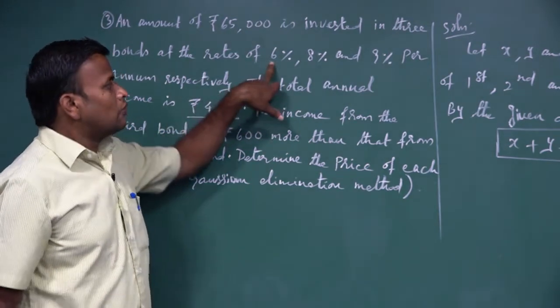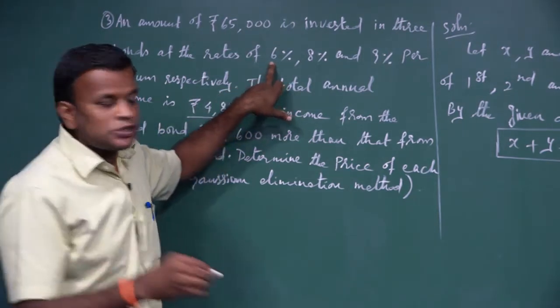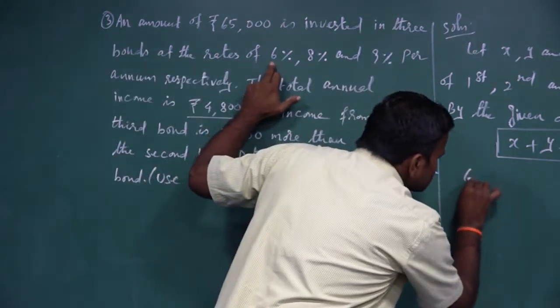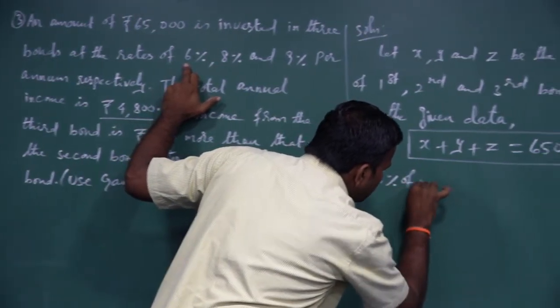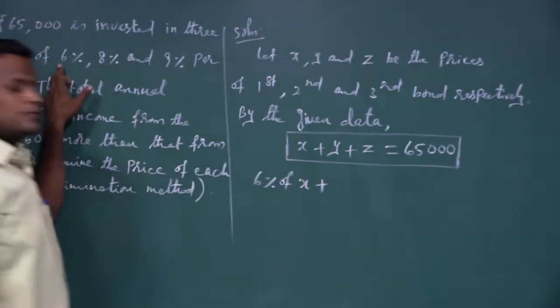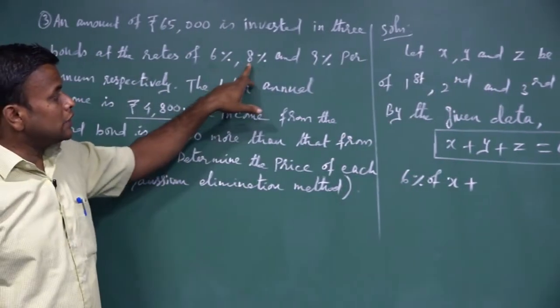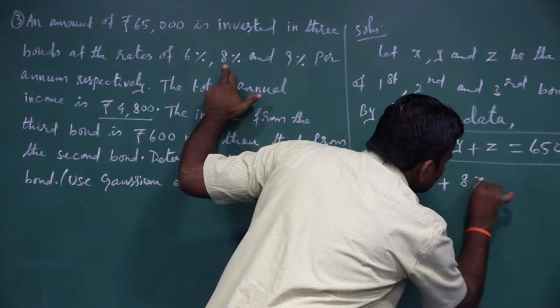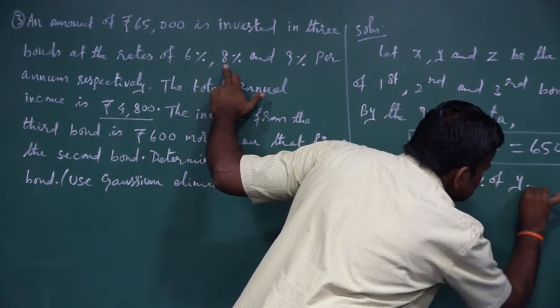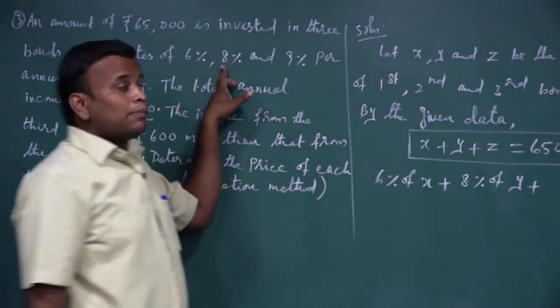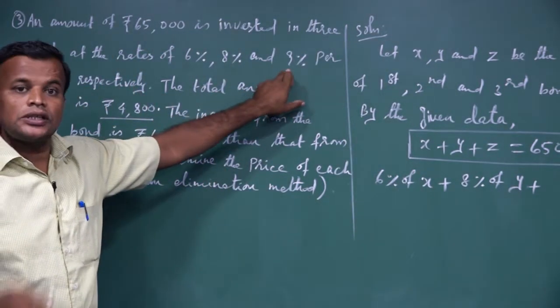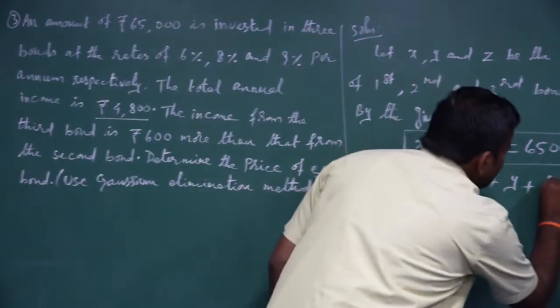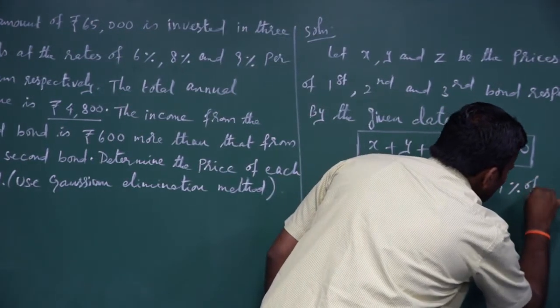First bond, the rate is 6%, so 6% of X plus. Second bond rate is 8%, so 8% of the second bond price Y, plus 9% for the third bond, so 9% of Z.